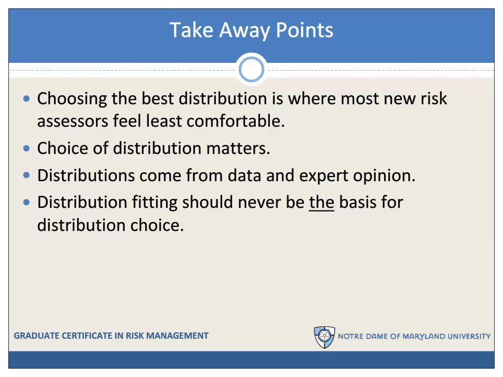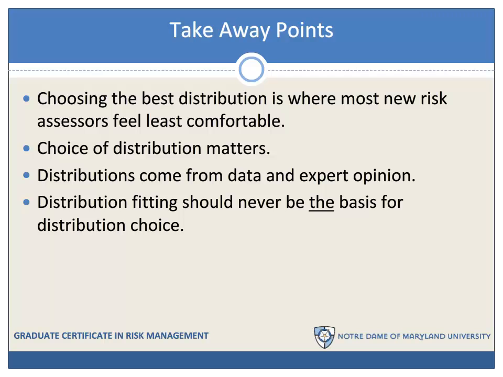This concludes our conceptual discussion of how to choose a probability distribution. There will be a couple of videos that are illustrating these concepts, but let's consider a couple of takeaway points right now. Choosing the best probability distribution to represent variability or knowledge uncertainty is where many to most new risk assessors feel the least comfortable in their work.